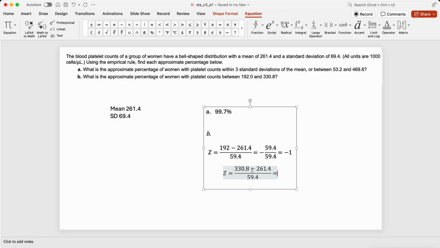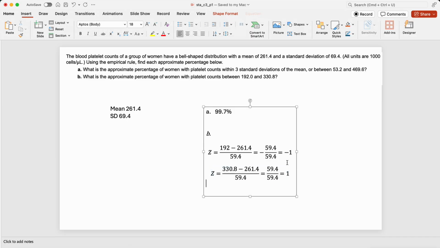And if you work that out, again, you're going to end up with 69.4 over 69.4. I say again, but notice that this time it's positive on top, so we get positive 1. And so look at that. Between both of these two, I know now that my answer is 68% because I just figured out that I was in between minus 1 and plus 1 standard deviations from the mean.